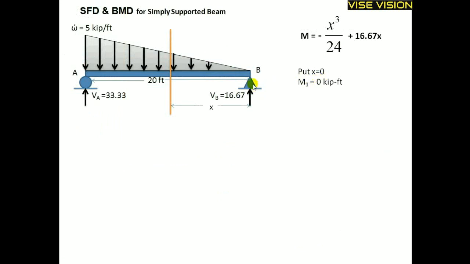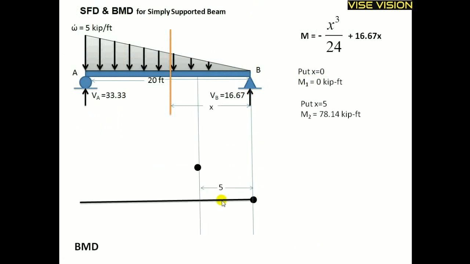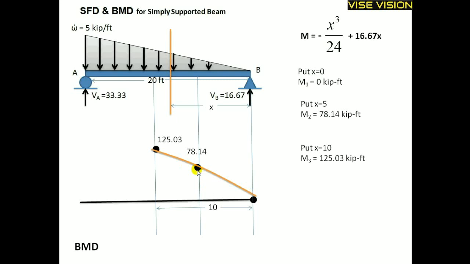Using this moment equation, we will draw the bending moment diagram by the same method. Putting x equal to 0, we will get the moment at that point. Putting x equal to 5, we will get the moment at distance 5. Putting x equal to 10, we will get the moment value at distance 10. And here we need the distance where the shear force is 0.